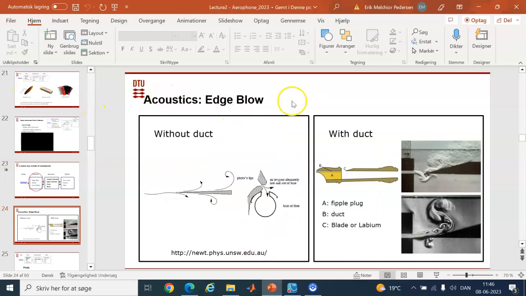Acoustic edge blow is yes. Here we have some lips, air goes into and out of the bore. It is without a duct, like a flute, for instance.